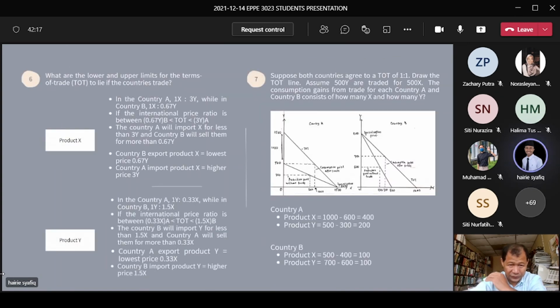Yeah, that's the TOT. The TOT will be in between. Yes, you got it right.